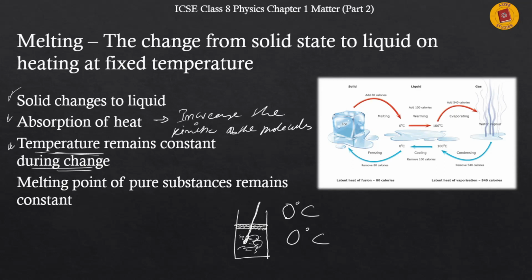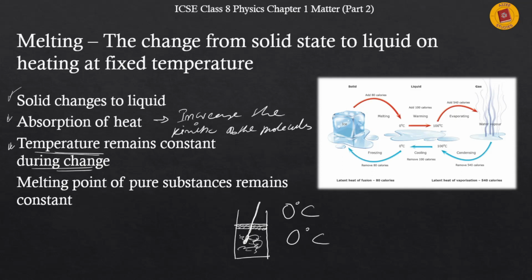Right? So the temperature does not change during the change because the heat that we are providing is utilized in increasing the kinetic energy of the molecules and no temperature rise occurs. So this is known as latent heat of fusion.